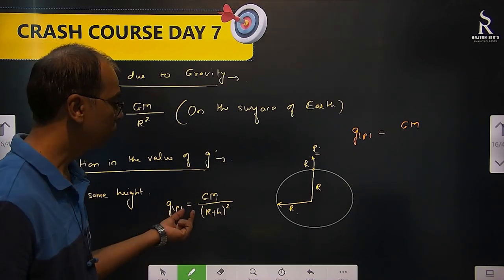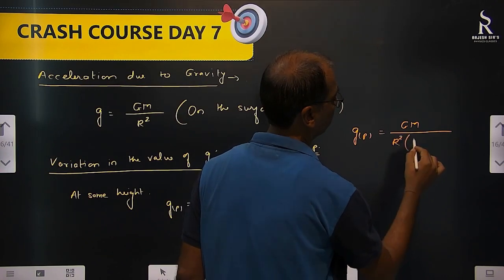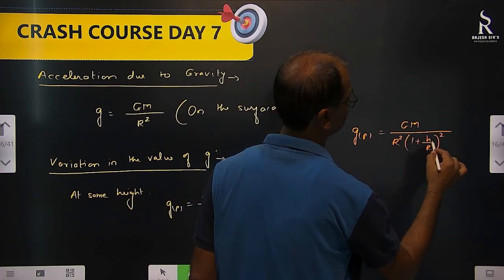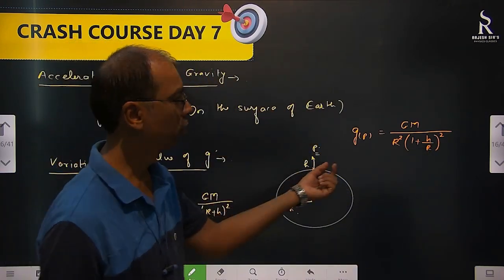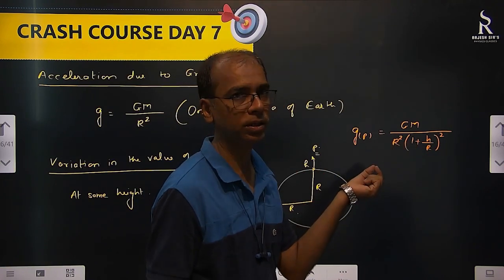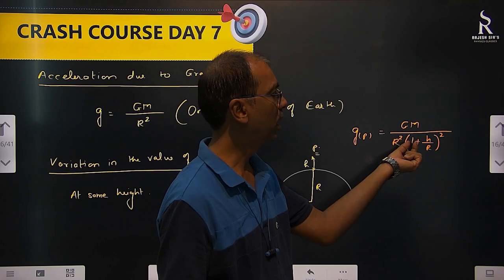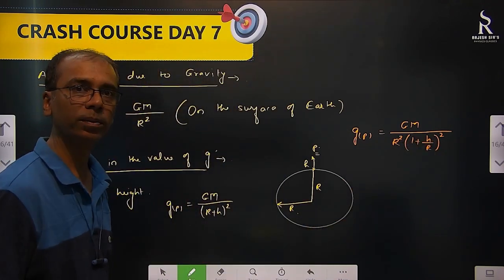So when you take r outside, it becomes r square, and here is (1 plus h by r) whole square. If you want to verify that, multiply r square inside. When r goes inside, it becomes r here, and here is also r, so the same thing comes again: (r plus h) whole square.